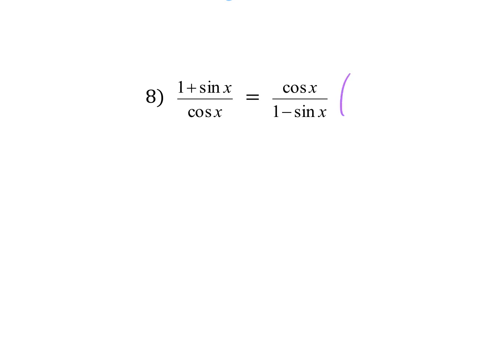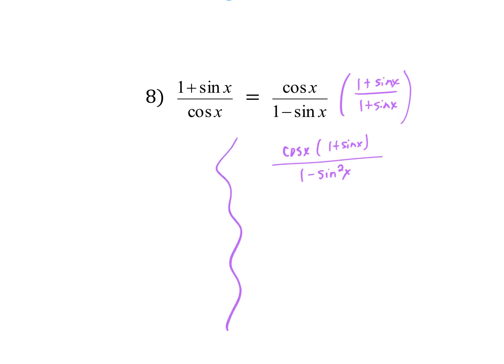So we are multiplying top and bottom by 1 plus sine x over 1 plus sine x. So we get cosine x times 1 plus sine x all over our denominator, which becomes this 1 minus sine squared x. Guys, what's that equal to? Yeah, that is cosine squared x.